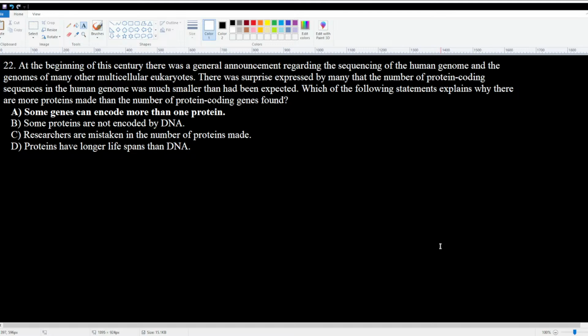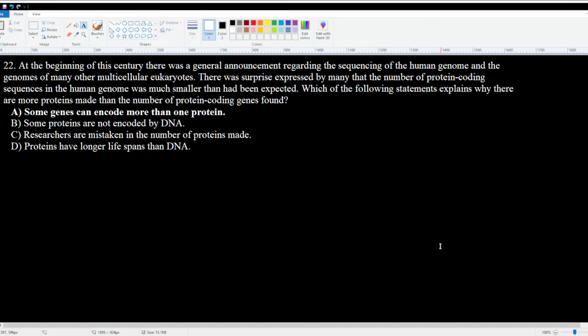There was surprise expressed by many that the number of protein coding sequences in the human genome was much smaller than had been expected. Which of the following statements explain why there are more proteins than the number of protein coding genes found?